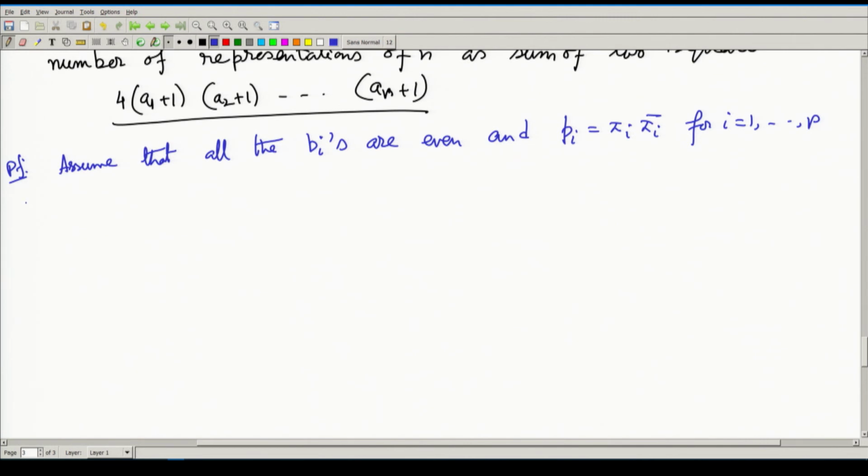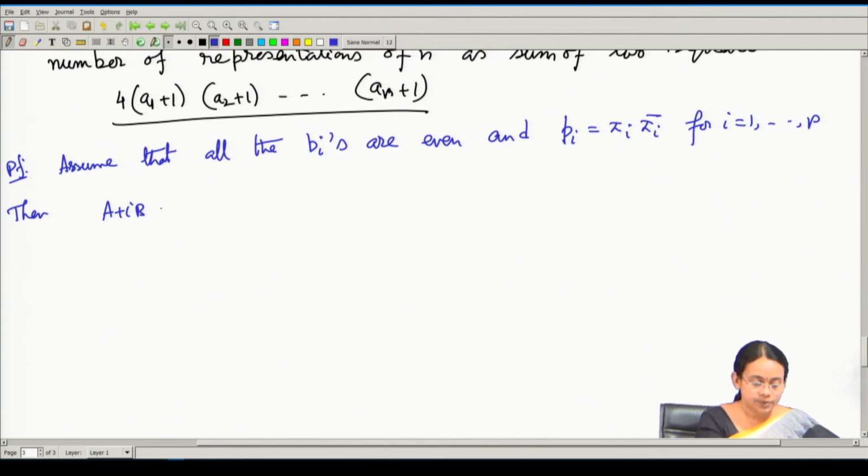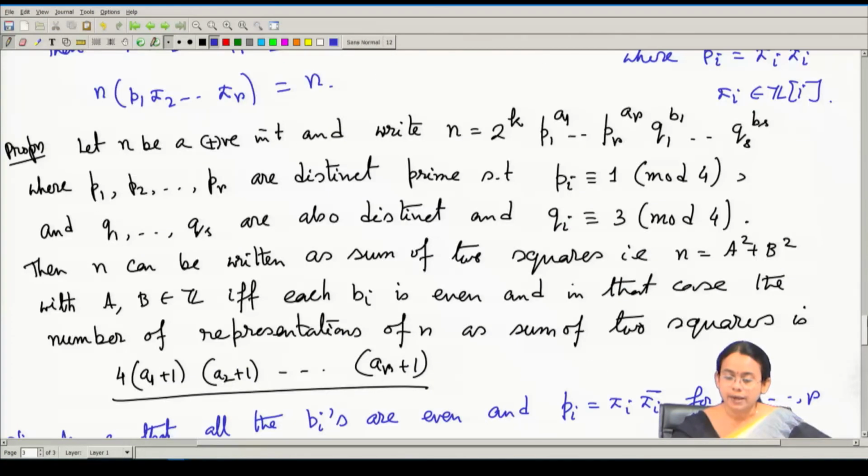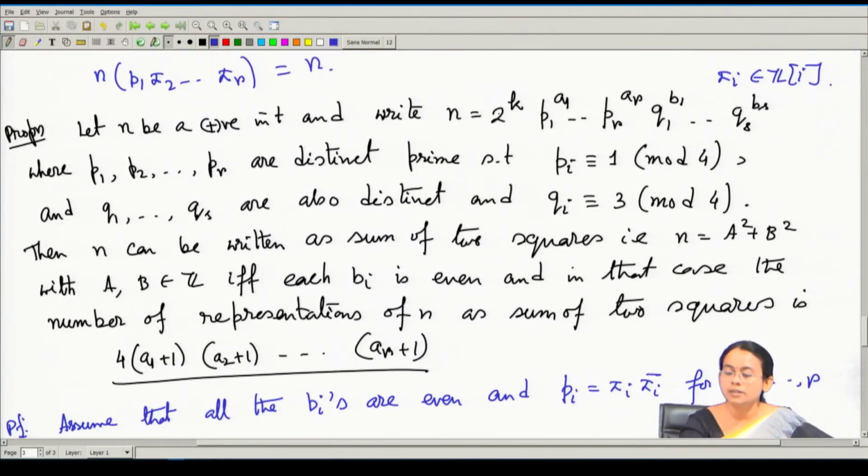This is one thing. Then I can see that a plus ib can be written as follows. I have 2 to the power k. 2 can be factored as 1 plus iota times its conjugate, and the norm of 1 plus iota is nothing but 2.